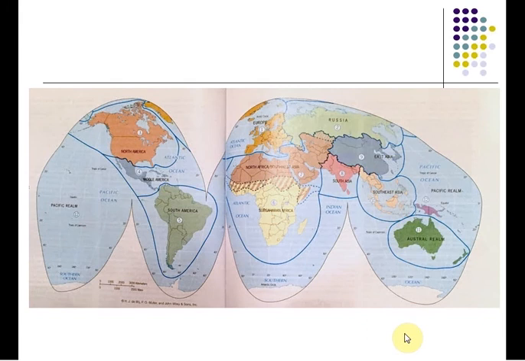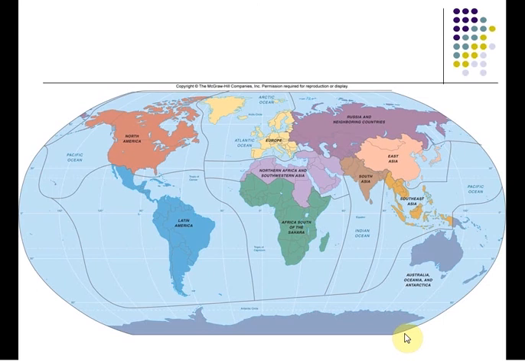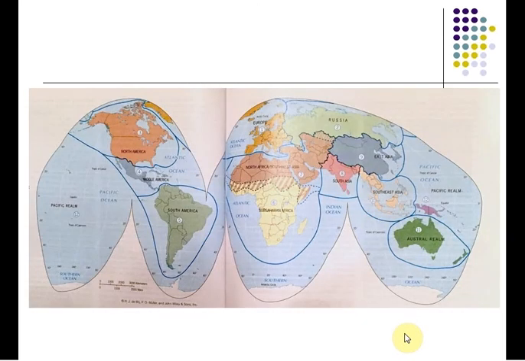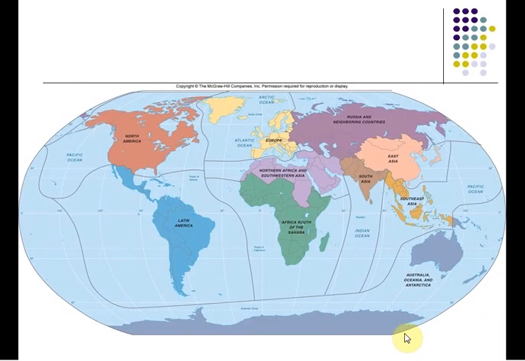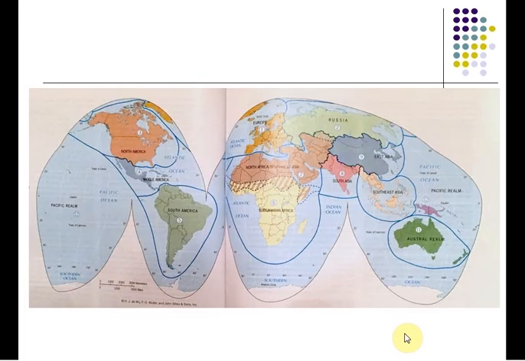Europe stays pretty much the same. East Asia pretty much the same. South Asia, or the Indian region, and then Southeast Asia also is pretty much the same between these two. If you look between these two, you can see similarities and note the differences.